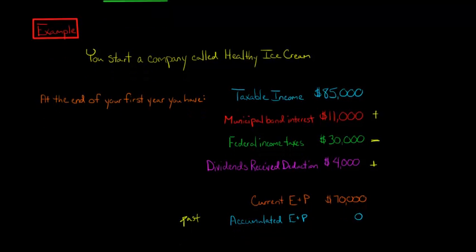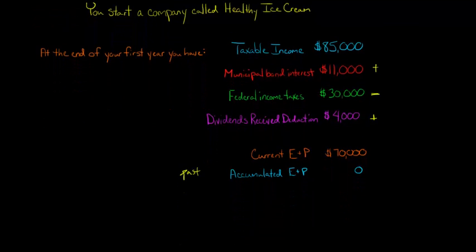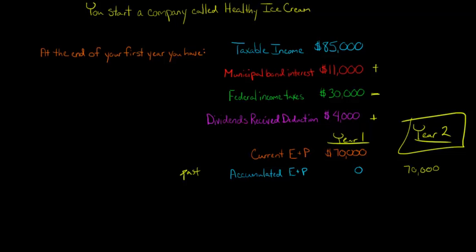So now when we go into year 2, let's just put here, I'll say year 2. So this was year 1, and then year 2. In year 2, this 70,000 is actually going to become the accumulated E&P because it's from the past, right? When we look forward to the future as of year 2, this 70,000 was from year 1, so that's now the accumulated E&P.